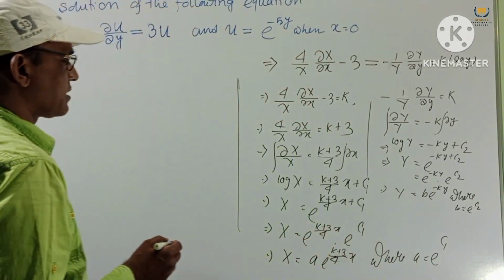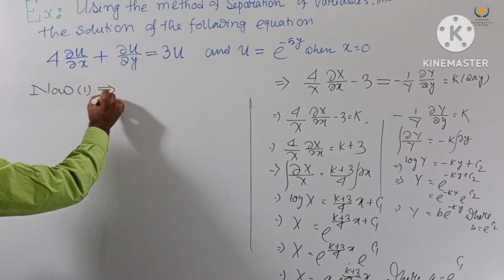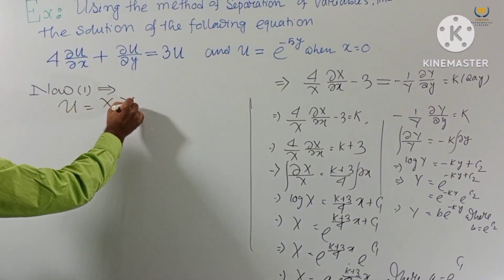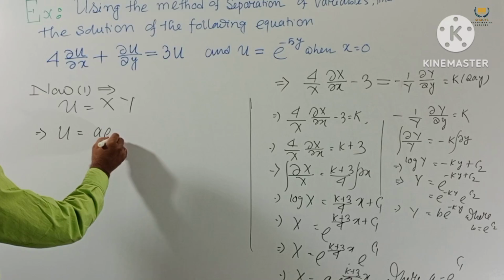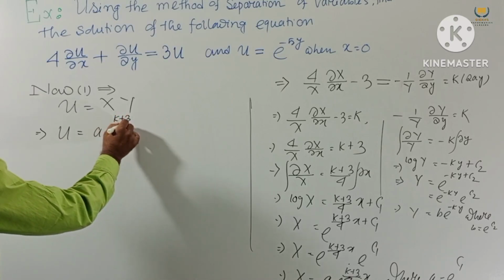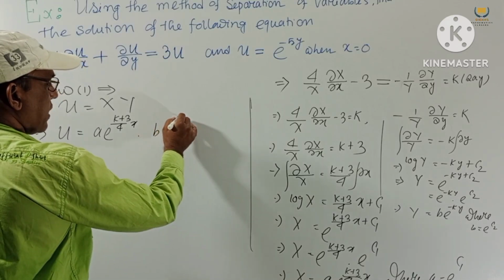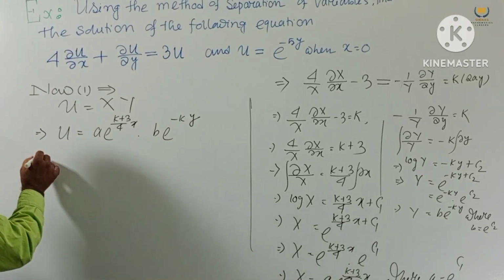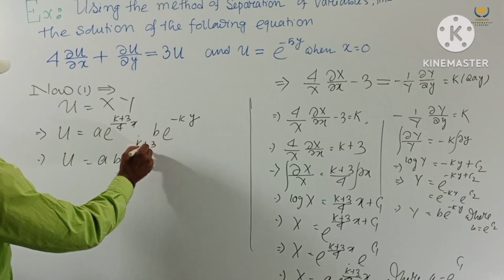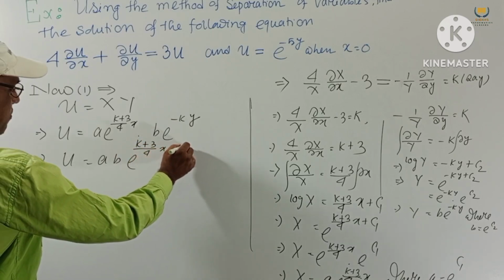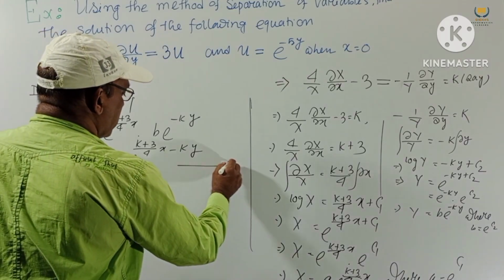We get this. Now in 1 we get u = XY, so u = a e^((k+3)/4 x) b e^(-ky), and this implies u = ab e^((k+3)/4 x - ky). This is number 2 we consider.